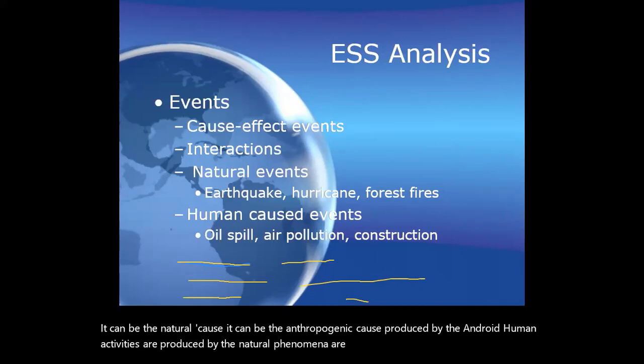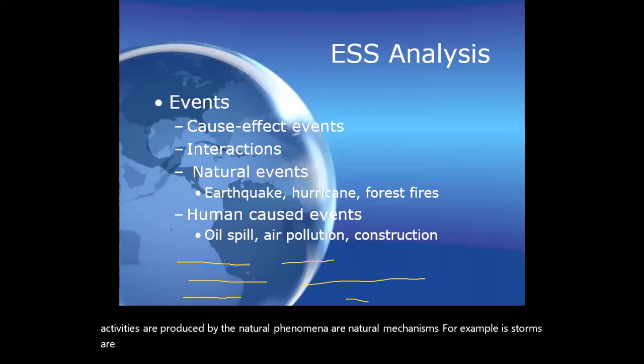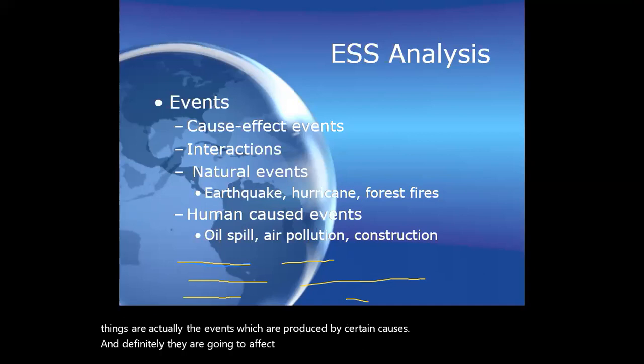For example, storms, earthquakes, tornadoes, tsunamis are there. All these are events produced by certain causes, and definitely they are going to affect our system, because they have direct correlation and direct interaction with each other.